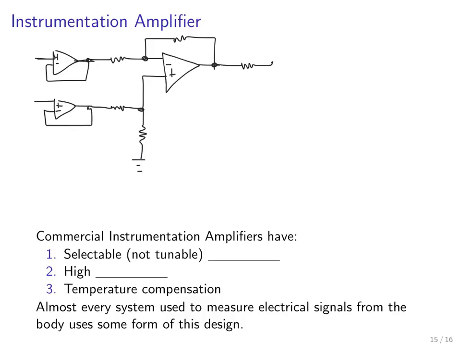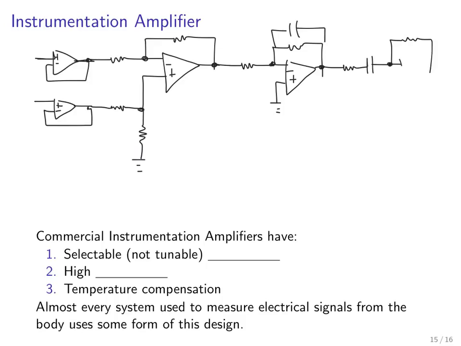Then after that, we'll typically have a cascaded low-pass filter and high-pass filter. So here's the low-pass filter component, illustrated first, and then we have the high-pass filter second, though it shouldn't matter.